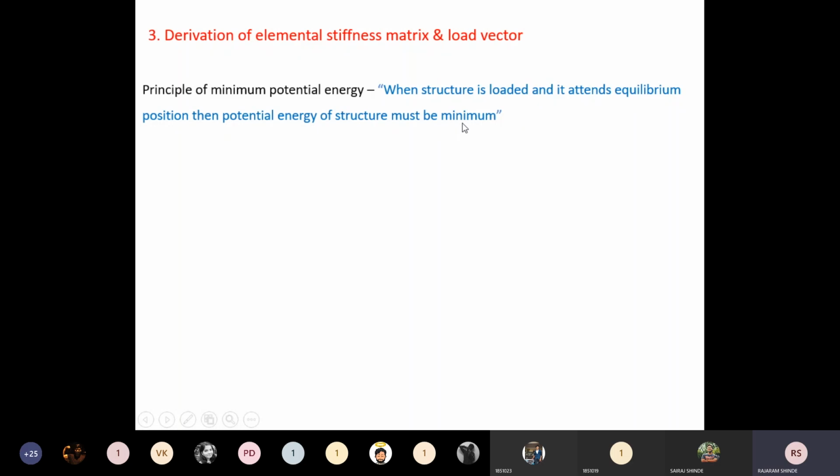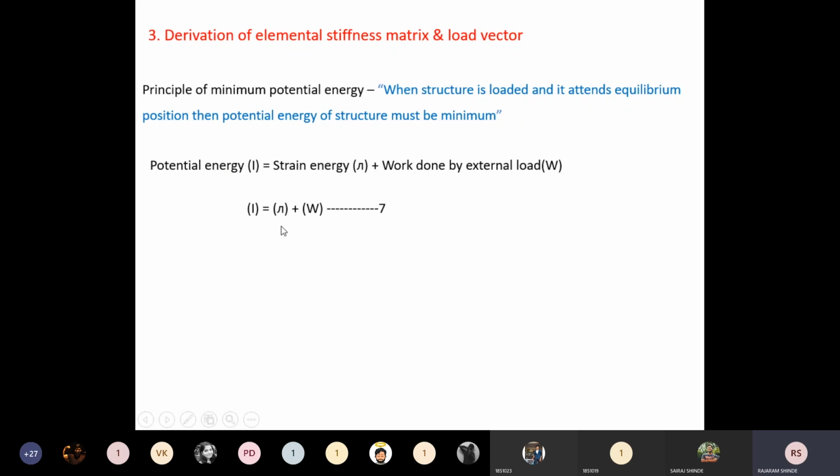Now we have written the equation for the potential energy, and that equation is strain energy plus work done by external loads. I have used the notation capital Pi for the potential energy, small pi for the strain energy, and W for the work done by external forces.